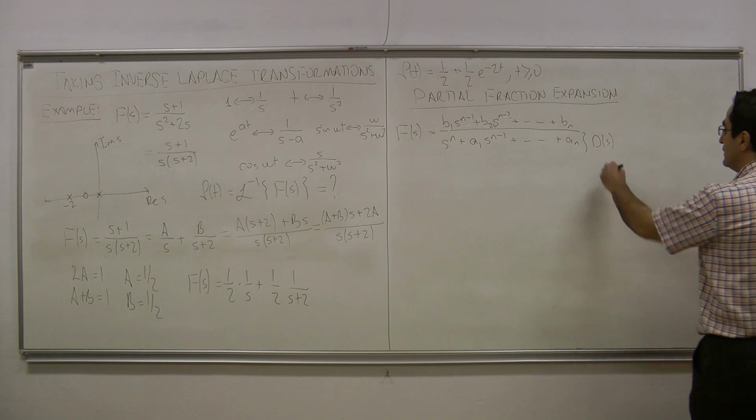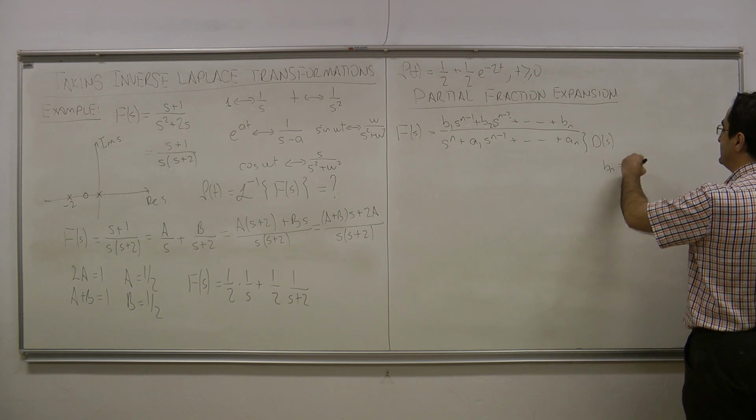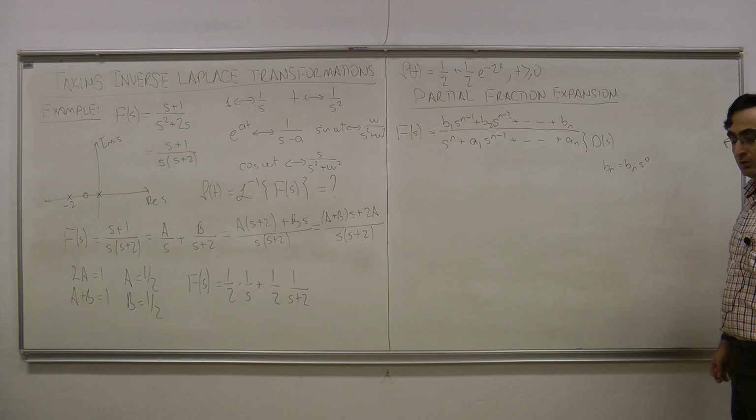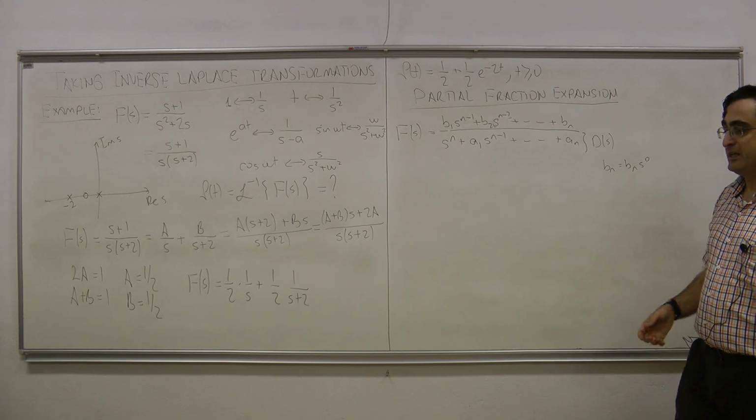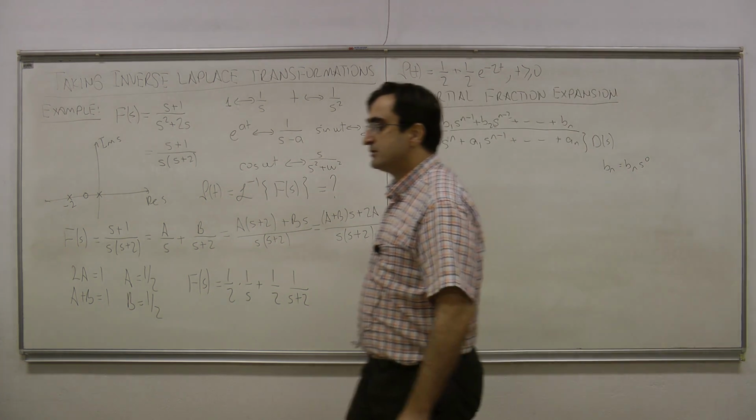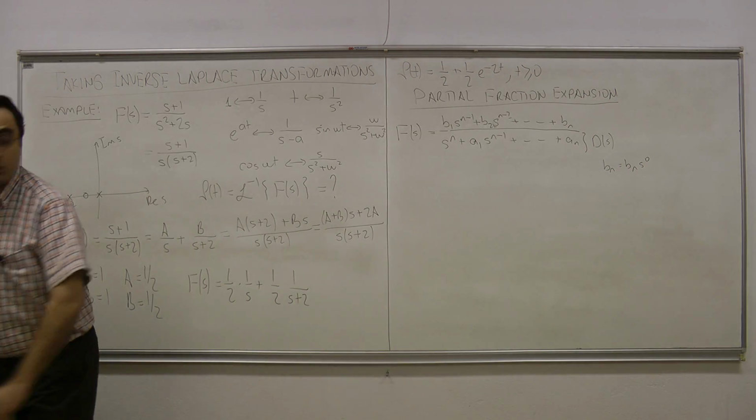Why is that? Because bn is bn times s to the power 0. S to the power 0 is 1, so it is equal to bn. So a constant is a zeroth order polynomial.